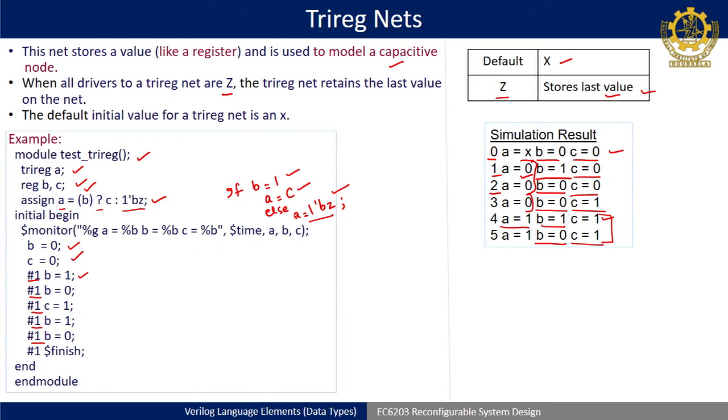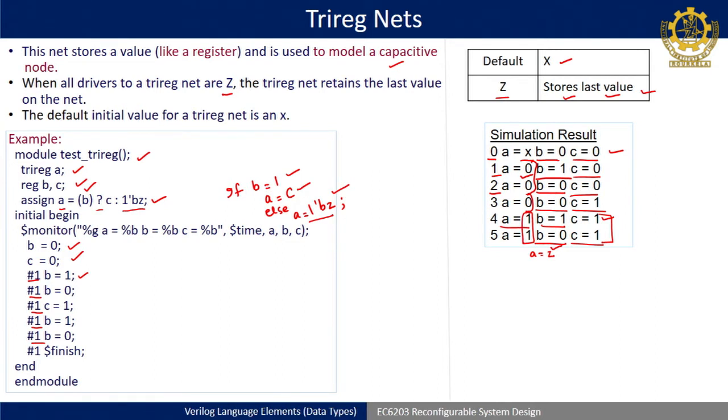So as B is 0, now A should get a value of Z. That means here what I want to say is, if the B condition is true, or B is 1, A is becoming C, else if B is 0, A is becoming Z. So in this case B is 0, that means A is becoming Z. So Z means it will store the last value. So that is why 1 and 1 are the same, storing of the last value.